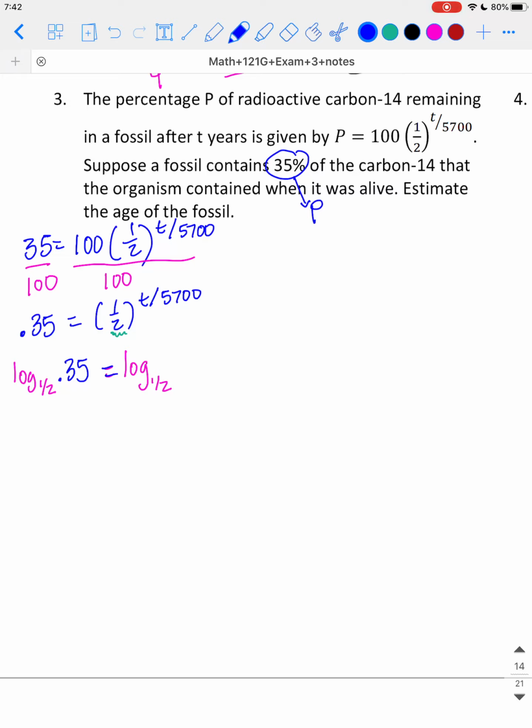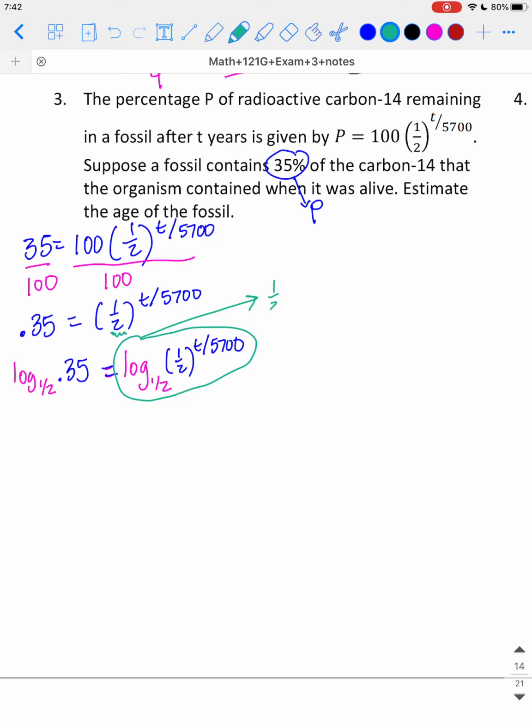Log base 1/2 of 0.35 is equal to the log base 1/2 of 1/2 to the T divided by 5,700. Again, I need you to walk out understanding.